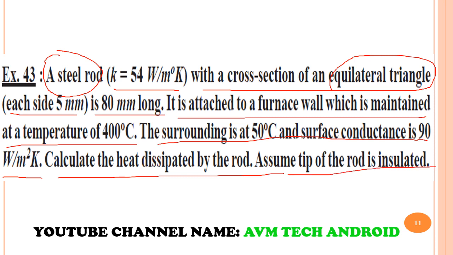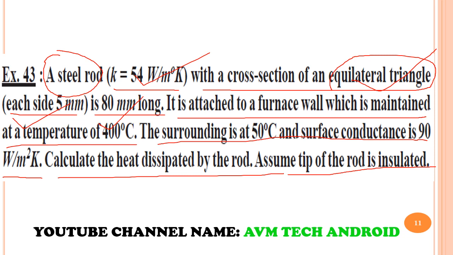So friend, here you can see the length of the fin is given. Thermal conductivity of the fin material is given. Cross section area is given. But here you can see the dimensions are given in millimeter, so we have to convert all the millimeters into meter.